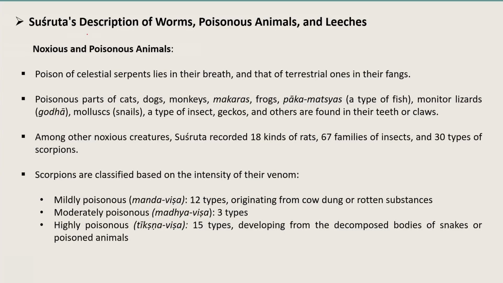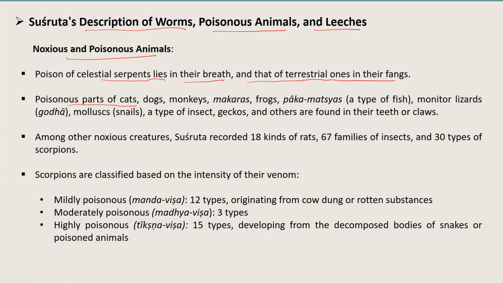Now, Sushrut's description of worms, poisonous animals and leech. Noxious and poisonous animals. The poison of celestial serpents lies in their breath and that of terrestrial ones in their fangs.